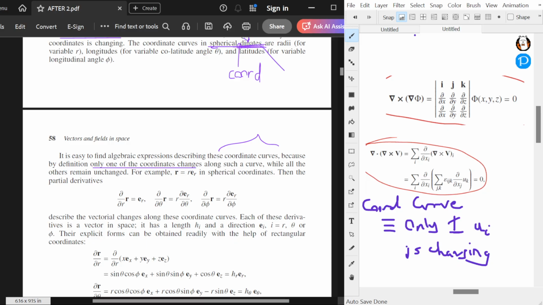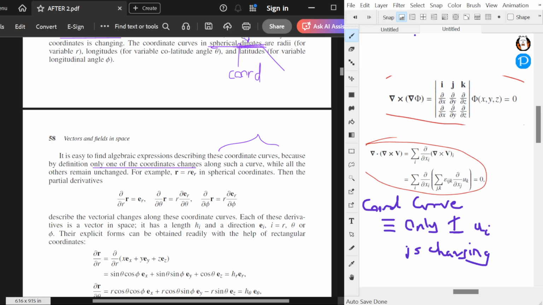It is easy by definition: only one of the coordinates changes along such a curve, while all the others remain unchanged. For example, r equals r e_r in spherical coordinates.